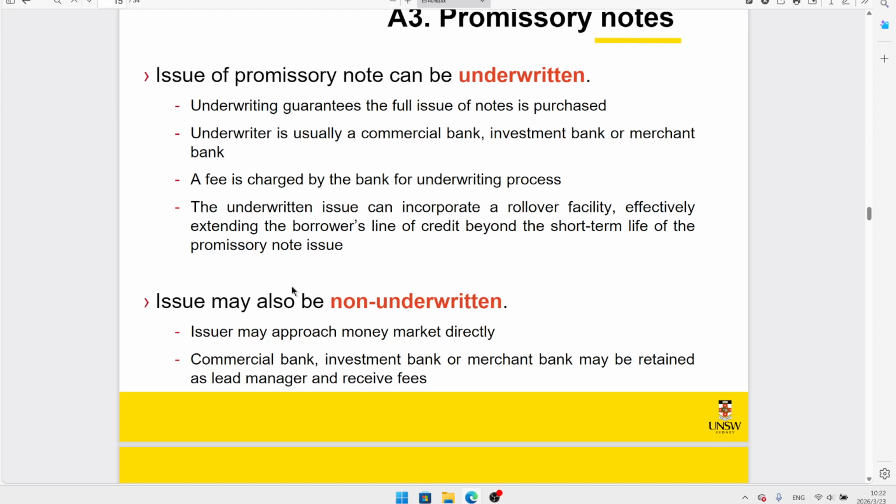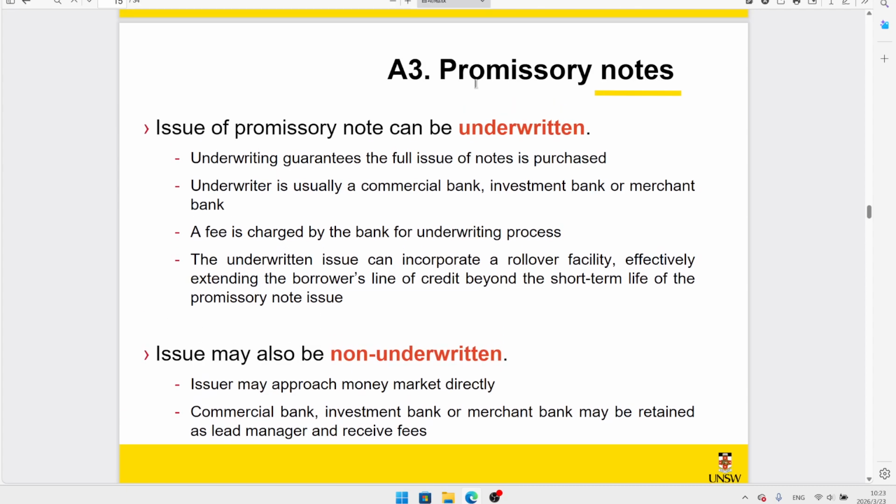Issues may also be non-underwritten, approaching the money market directly. A commercial bank, investment bank, or merchant bank may be retained as lead manager and receive fees. So there are two methods to issue promissory notes, underwritten and non-underwritten.